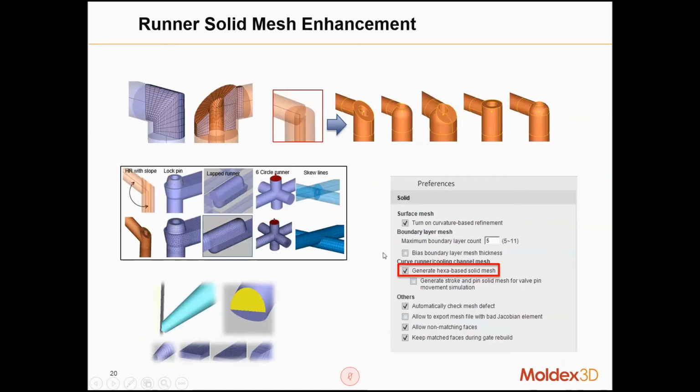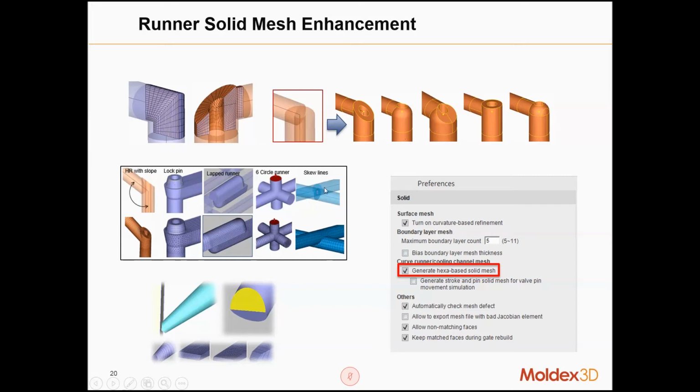In each version, we put a lot of effort into the meshing to improve the meshing kernel. In this version, we are able to set up different corners for the hot runner or cold runner, and some special settings like this kind of mill flipper design runner.